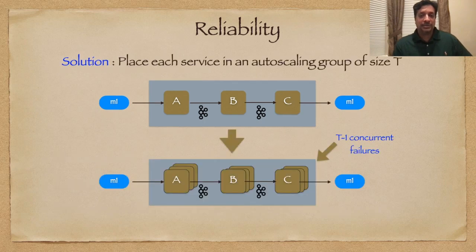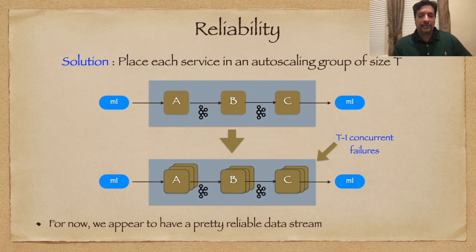The most common solution to this problem is to wrap each service in an auto-scaling group of size T. If we do so, then each of the groups can handle T-1 concurrent failures. Now, while auto-scaling groups is a term that was coined by Amazon, it's available on all cloud platforms and also in Kubernetes.